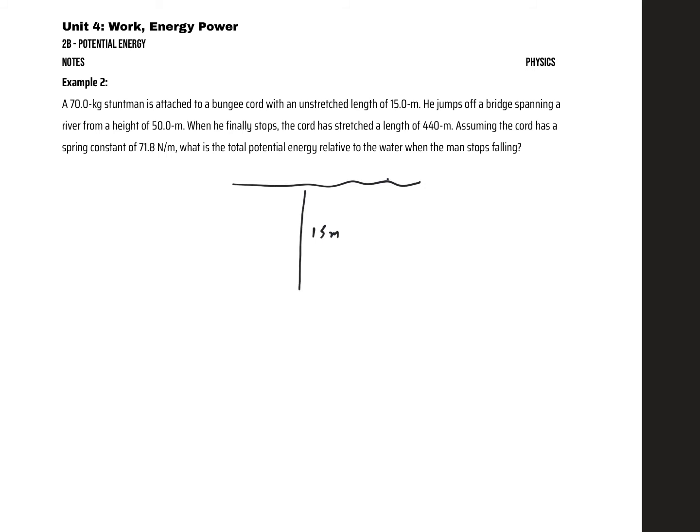And then we have a stretched length. Oh, this should be 44.0 meters. So this is going to stretch a distance of 44.0 meters. If we notice here, we have this distance, this delta X, and we'll call it 44 minus 15.